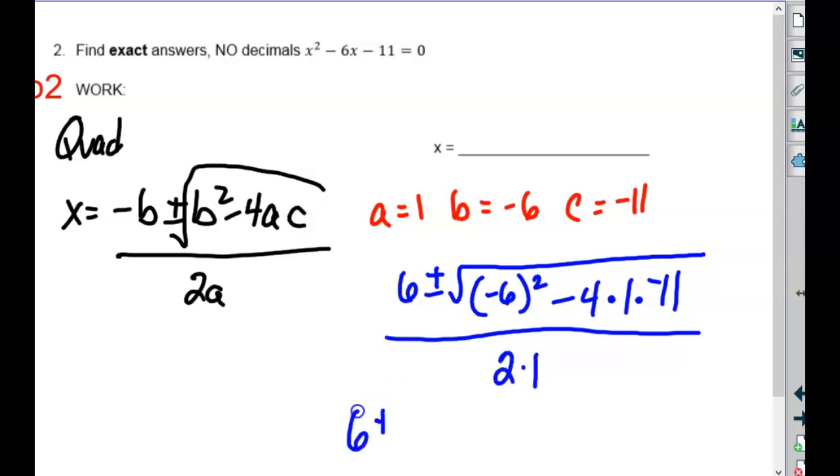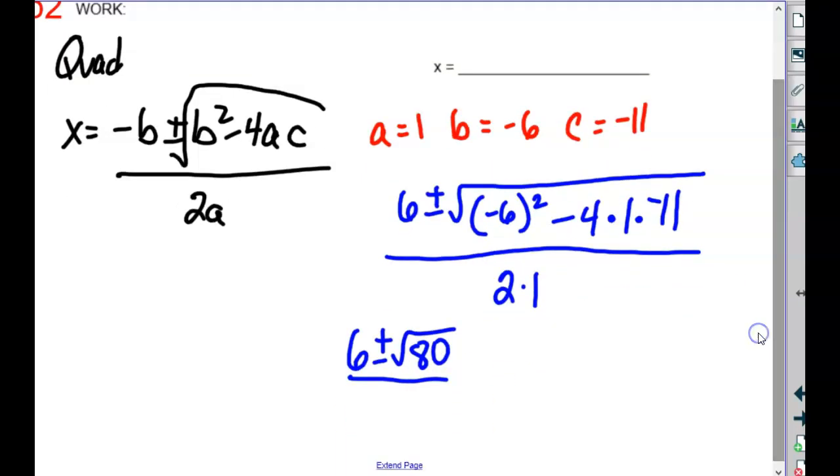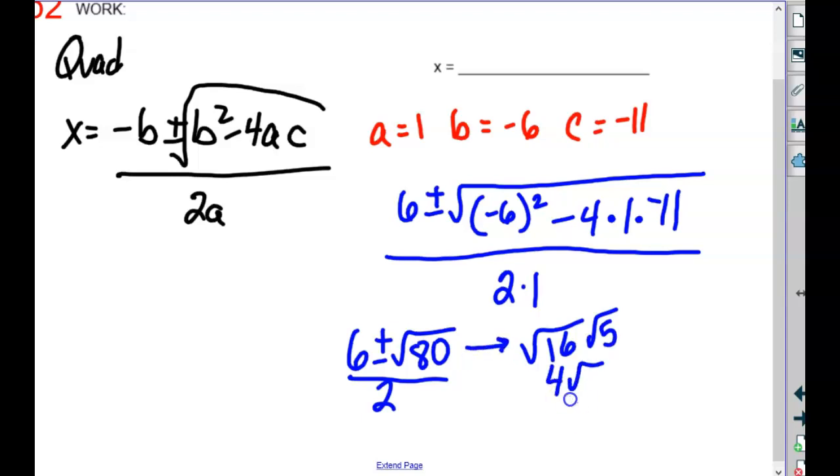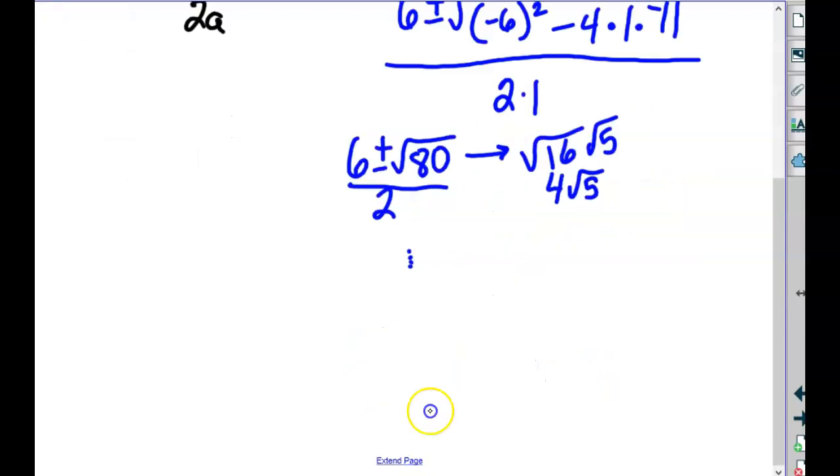So we end up with 6 plus or minus the square root of 80 all over 2. All right, the square root of 80 is 16 times 5. So this becomes 4 square roots of 5. So we have 6 plus or minus 4 square roots of 5 over 2.